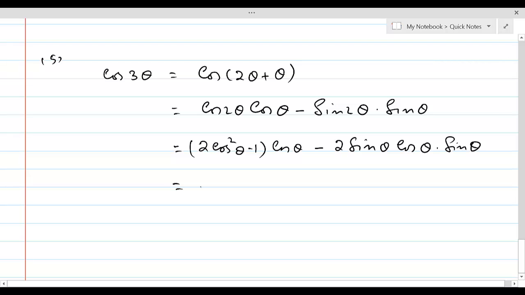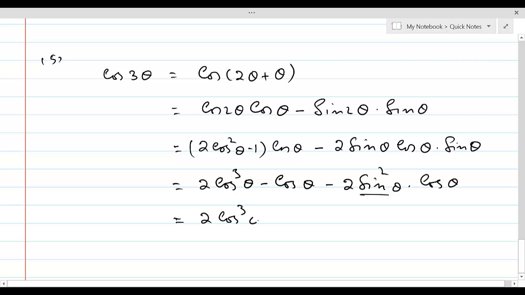So here we have 2 cos cube theta minus cos theta minus 2 sin square theta into cos theta, and now we can convert the sin square theta in terms of cos again. So this is 2 cos cube theta minus cos theta minus 2 into 1 minus cos square theta into cos theta.